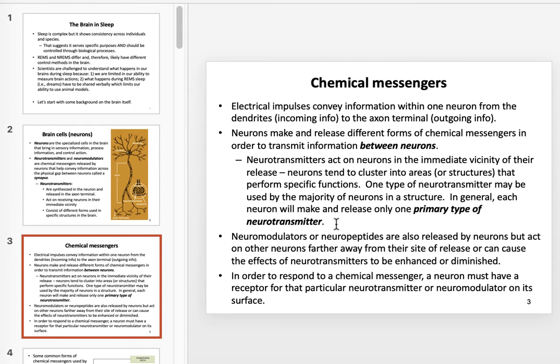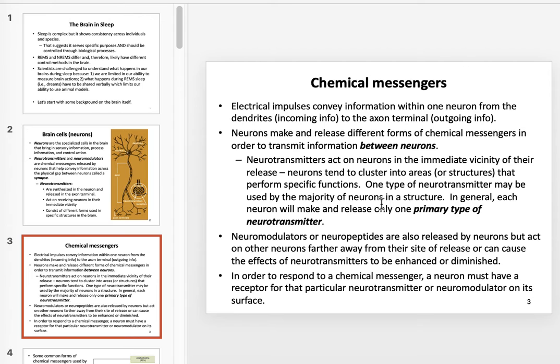Now, each neuron is going to be located or housed in structures or places that define what its purpose is, what kind of information it's going to be relaying. And that means that it's also going to control what kind of neurotransmitter it releases. So each neuron will typically make and release only one primary type of neurotransmitter.